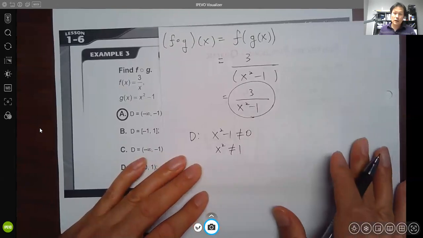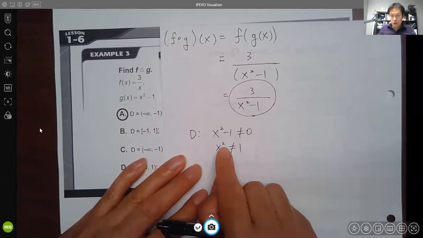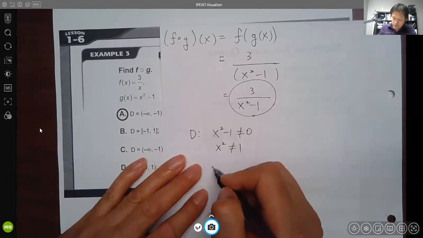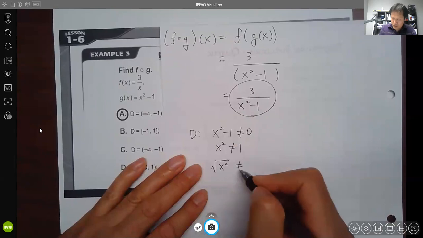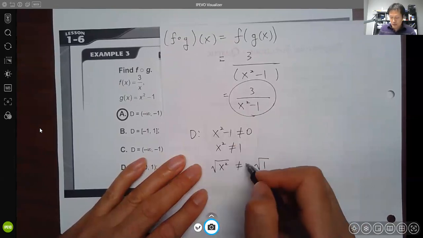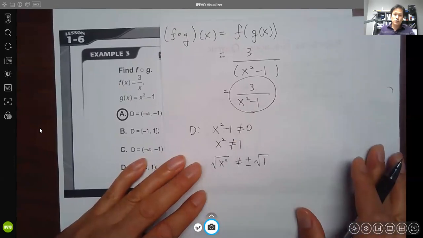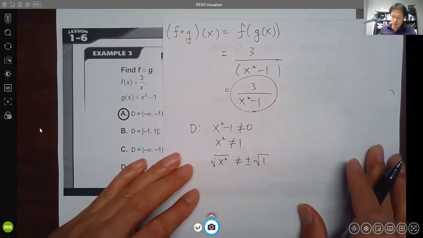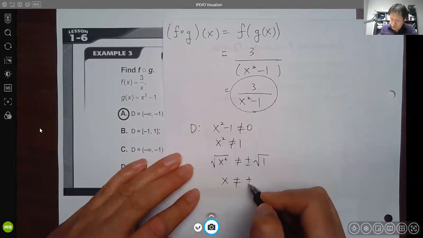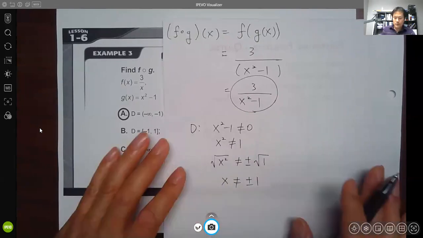X squared cannot equal 1. How do you get rid of the square? Square root both sides. When you take a square root of both sides, please don't forget putting plus minus. That's how I lose a number of my students. So the square root disappears. X cannot equal the square root of 1, which is plus or minus 1.